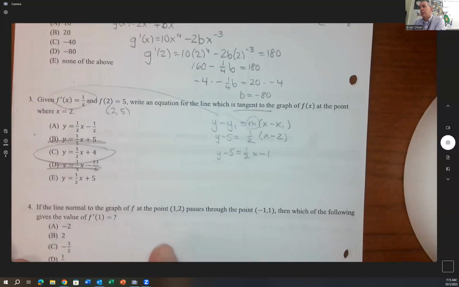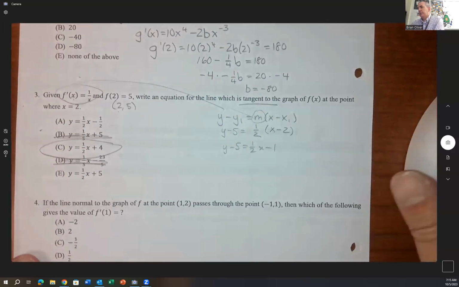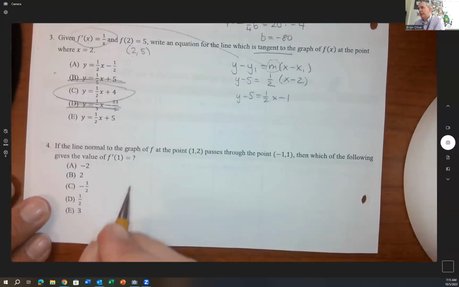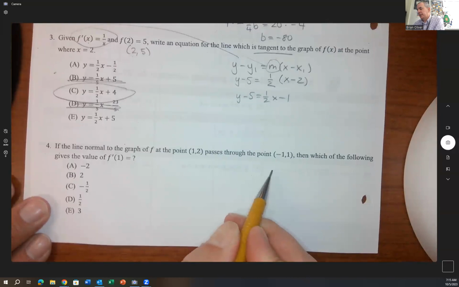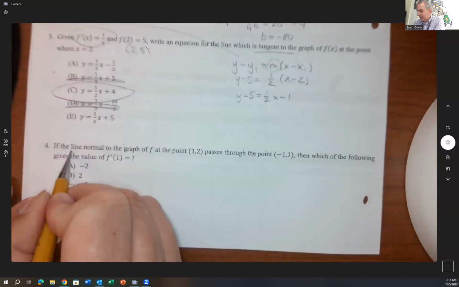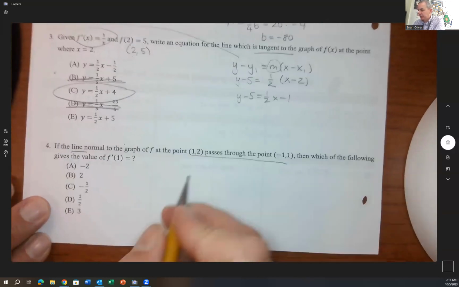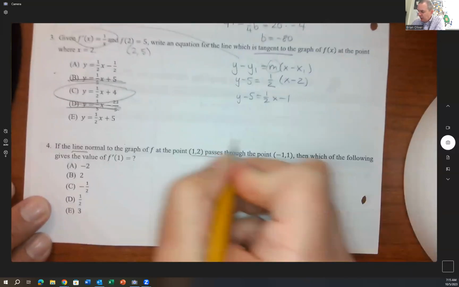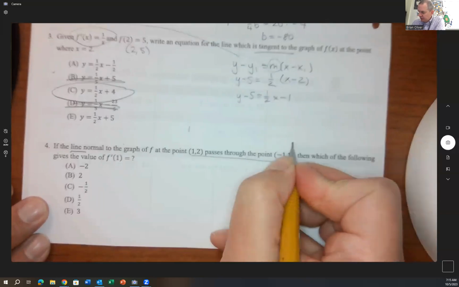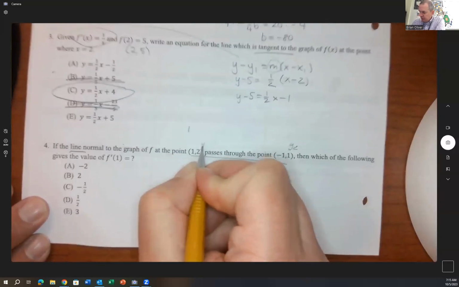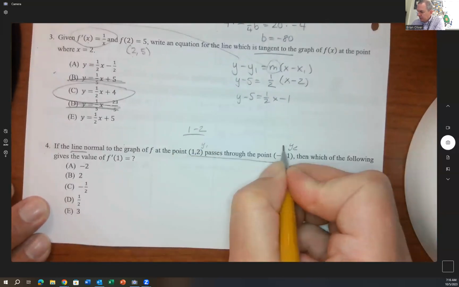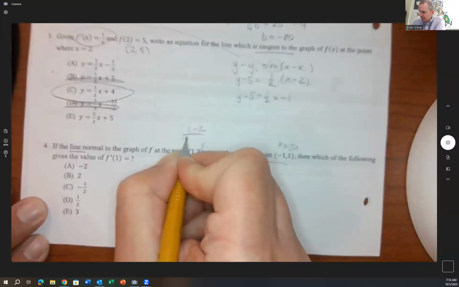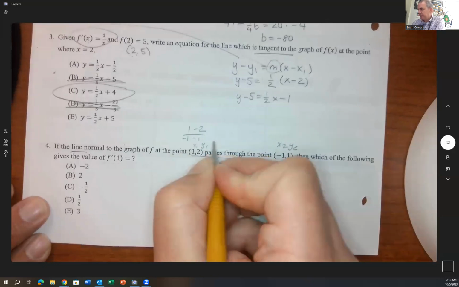Okay. I've done this one, but I'll do it again just so we have it all in one place. The line normal to the graph at the point (1, 2) passes through the point (-1, 1). So I have a line that passes through 2 points. And so I can figure out the slope by doing y2 minus y1 over x2 minus x1, which is -1 minus 1 in the denominator.